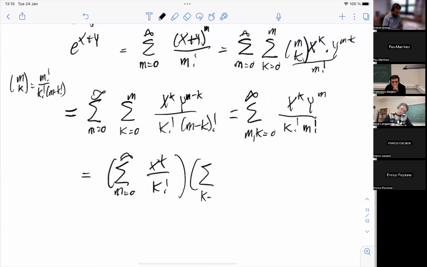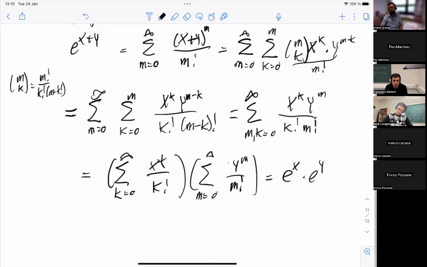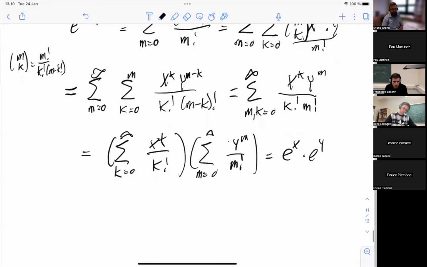Here should be k, and here should be m: y^m over m factorial, and that's e^x times e^y.